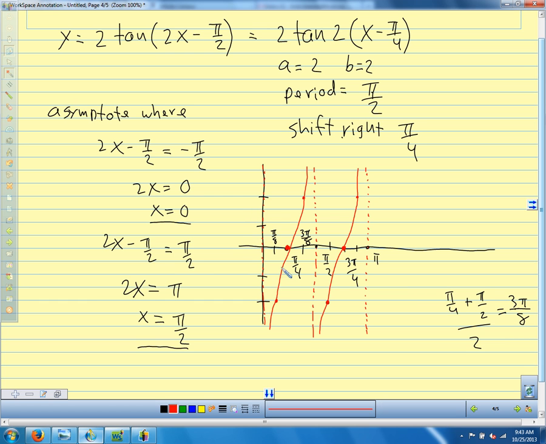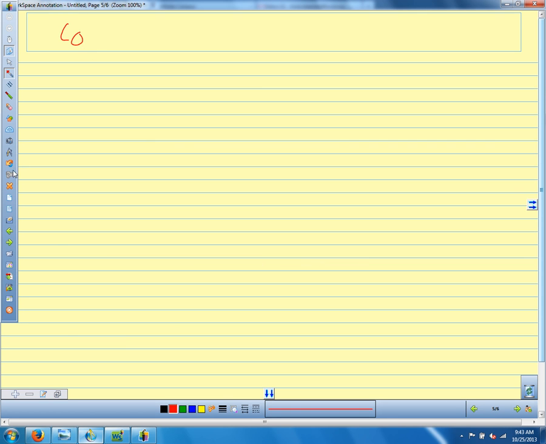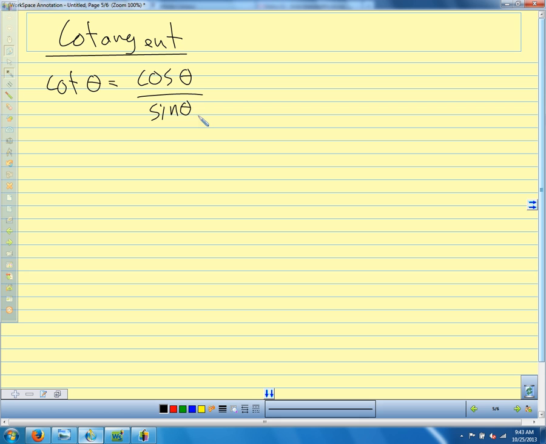All right, let's talk about cotangents. Well, cotangent, we know, is cosine theta over sine theta. So we still have this function that's made up of a fraction. So we're going to get asymptotes.